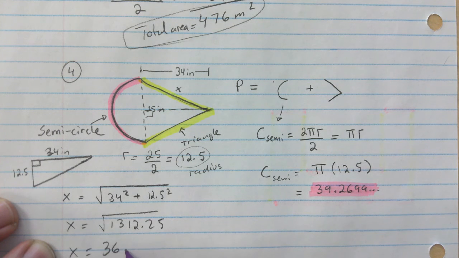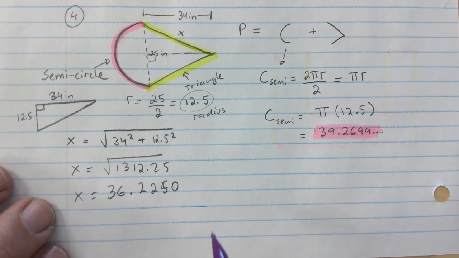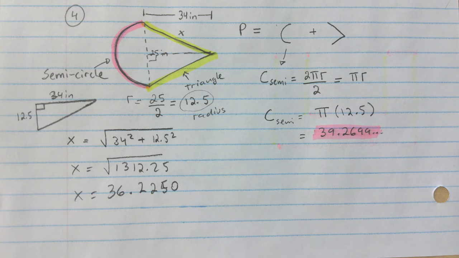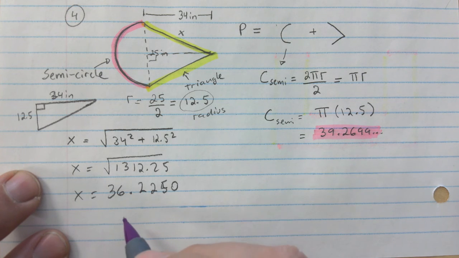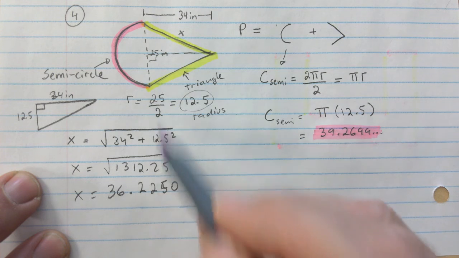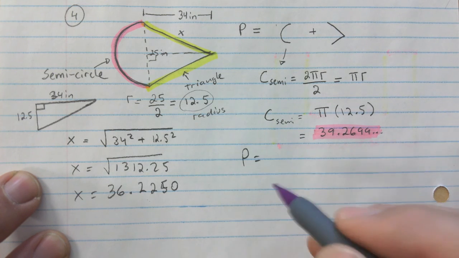That's 36.224. That actually rounds to 36.225. And that's this. So we have to multiply this. This is going to be for each one of them 36.225.